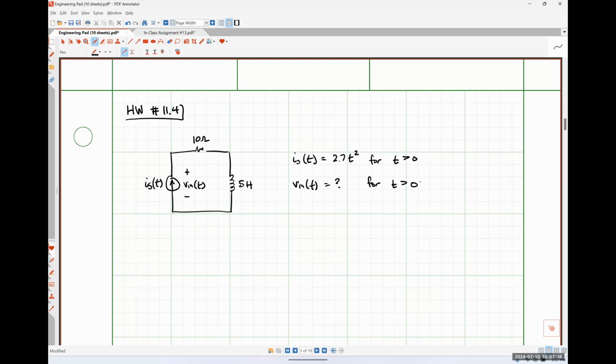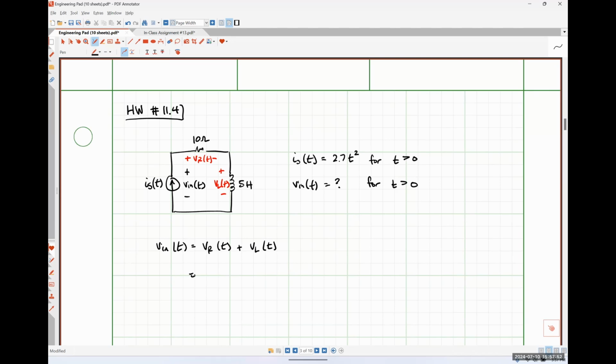I mentioned this, I think, at the end of our last class meeting, but whenever I see a circuit like this where everything is connected in series, it tells me to apply Kirchhoff's voltage law. So I'm going to define the voltage drop across my resistor as VR of t, and define the voltage drop across my inductor as VL of t. Then using Kirchhoff's voltage law, Vn of t is just VR plus VL.